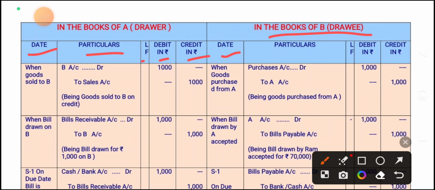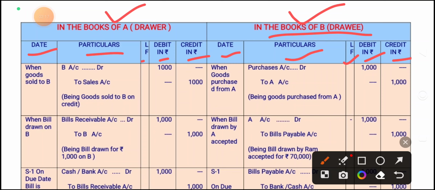In the exam you can write first in the books of drawer and in the books of drawee later, because this much space will not be available in your answer sheet. But for your understanding I am making this side by side.